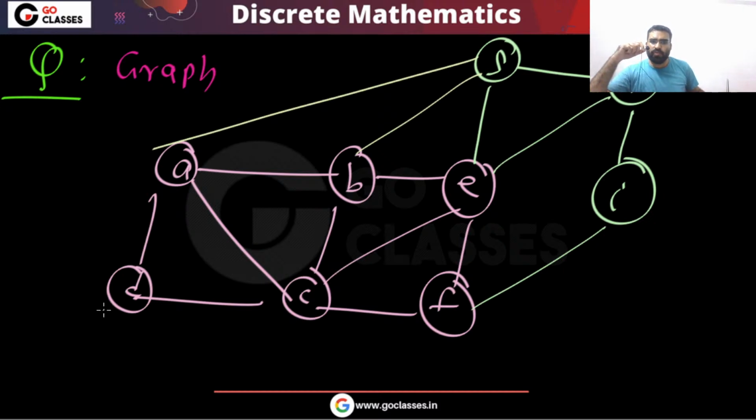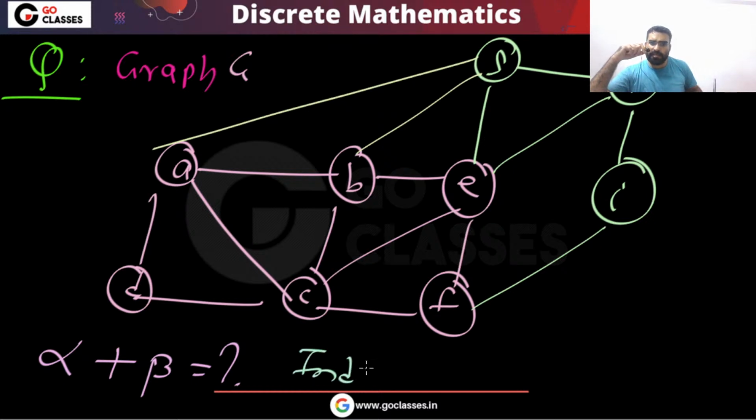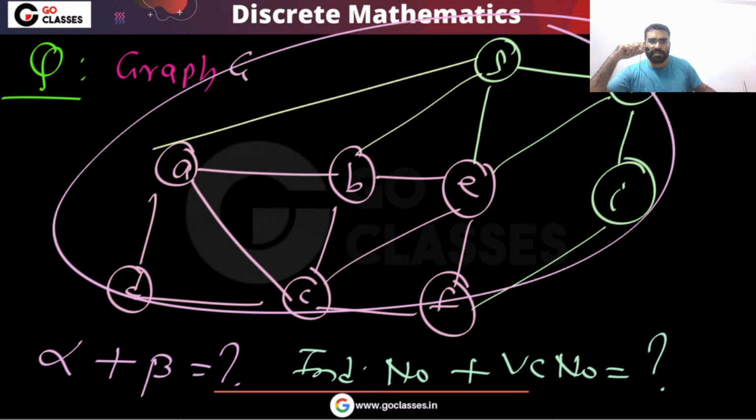Now, if I ask you to find the independent set, how much time will it take? If I ask you what alpha plus beta is for this, meaning independence number plus vertex cover number, will you find the independent set in this?